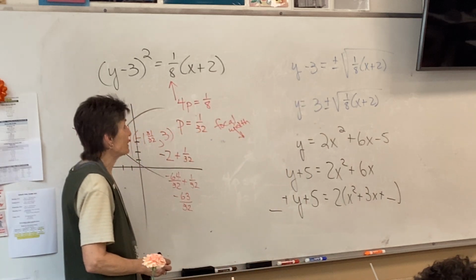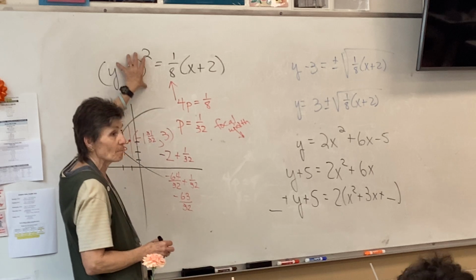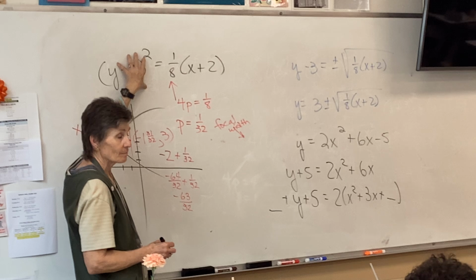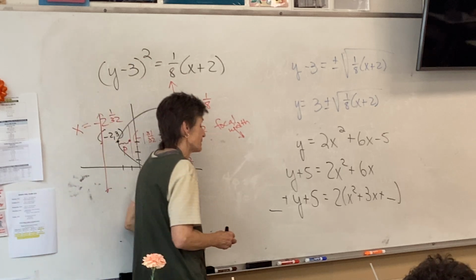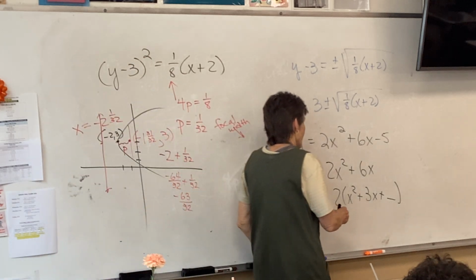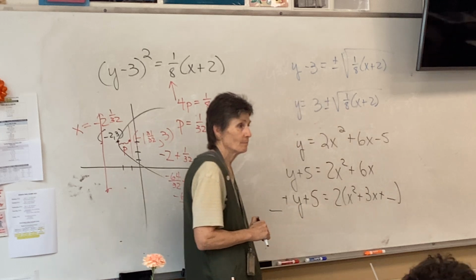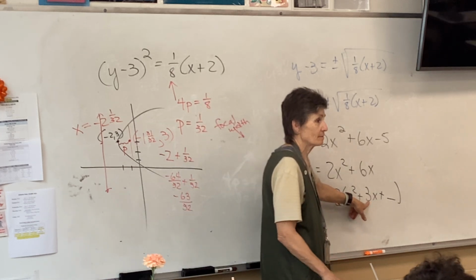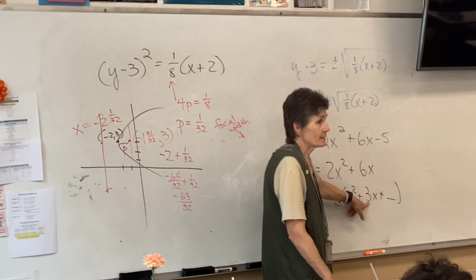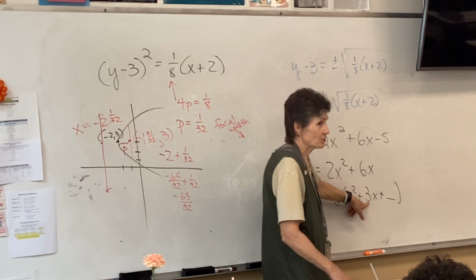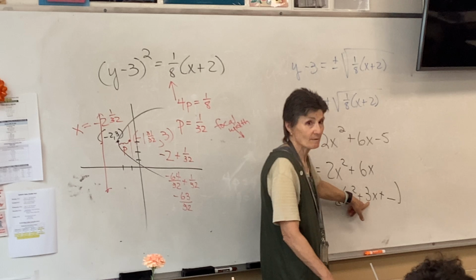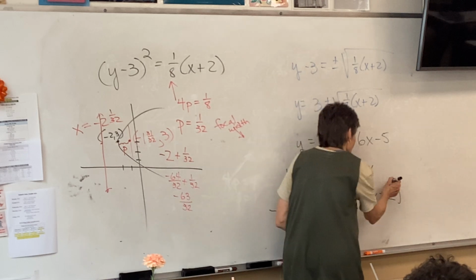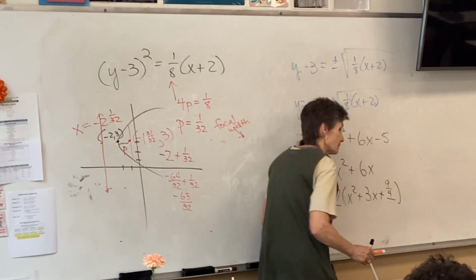In order to find the vertex, don't we need to have something squared? Here we go. Let's complete the square. Anybody remember how to do that? We take half of this. Half of 3 is, let's use fractions, 3 halves. And then we have to square it. So this is going to be 9/4.